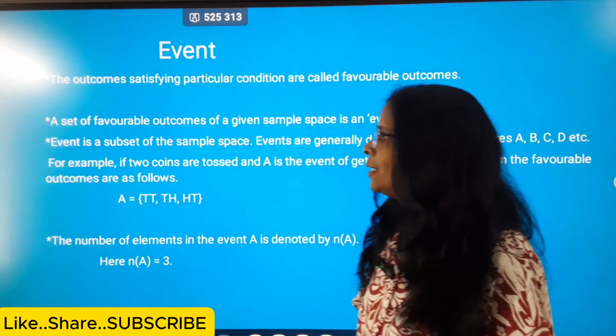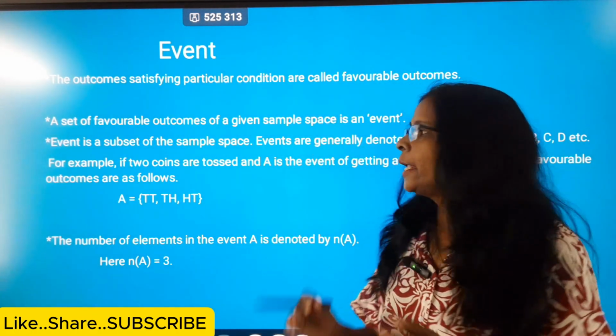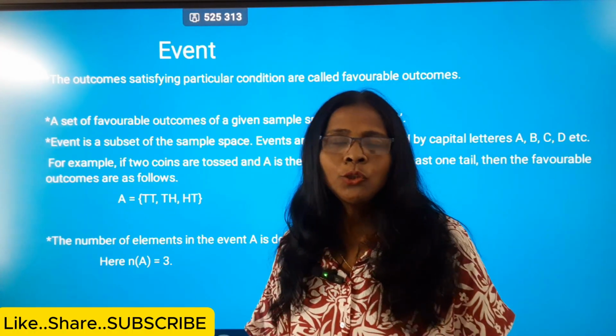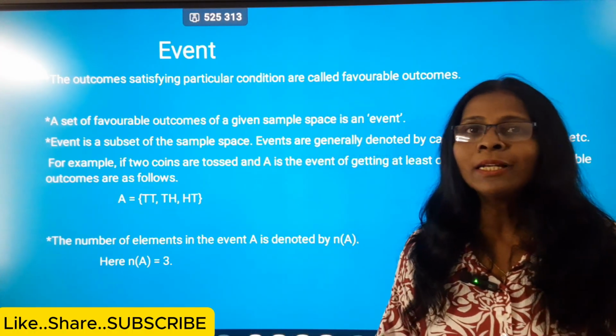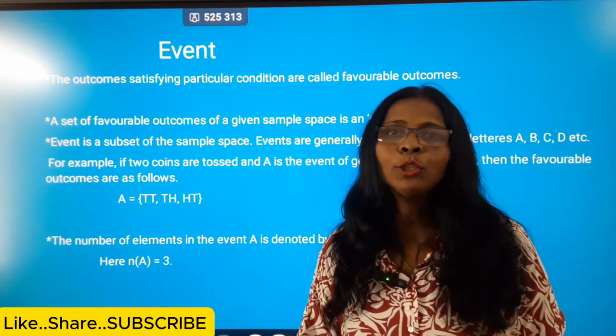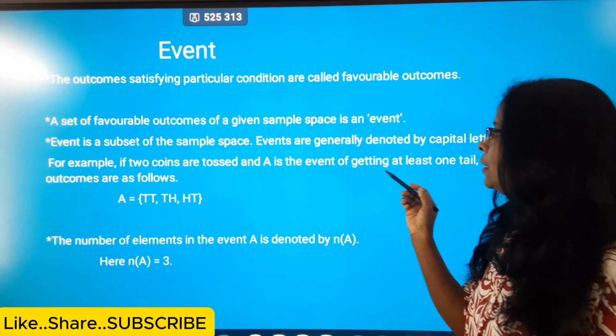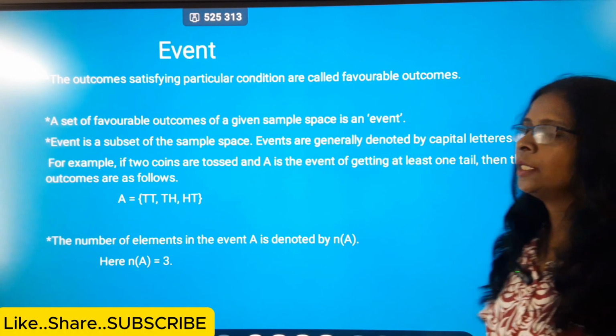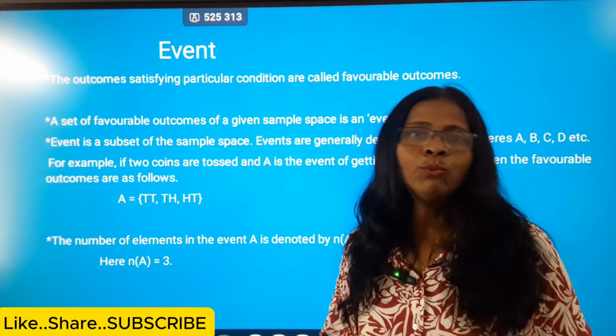Now let us see an example. If you toss two coins and your favorable condition is that A is the event of getting at least one tail. You want at least one tail.